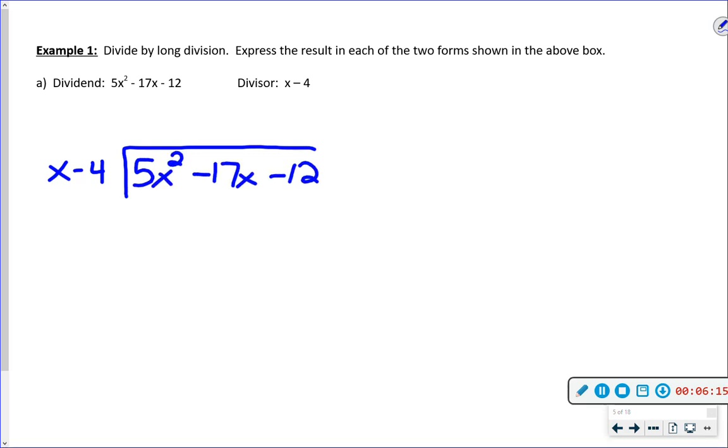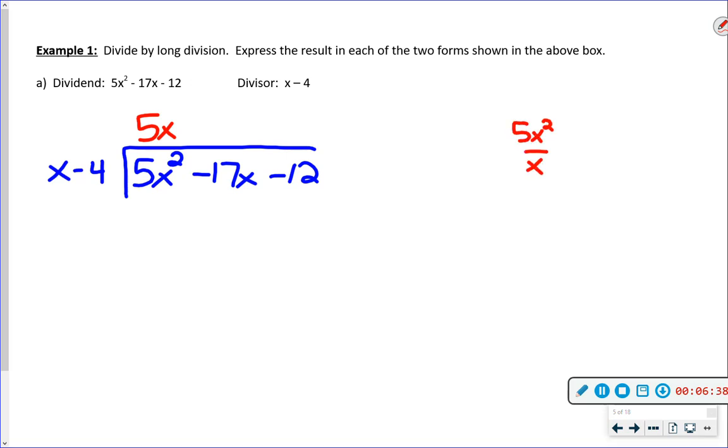Okay, here we go. So you are ready to put your first term up top. What you're really asking yourself here is, what times x makes 5x squared? You need a 5 and another x. Or if you like to think about it dividing style, I like multiplying, I'm good at multiplying.